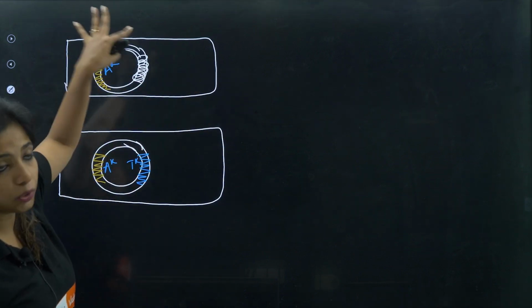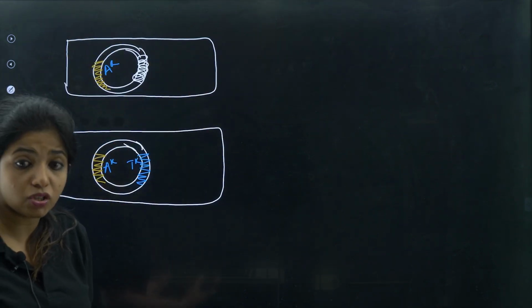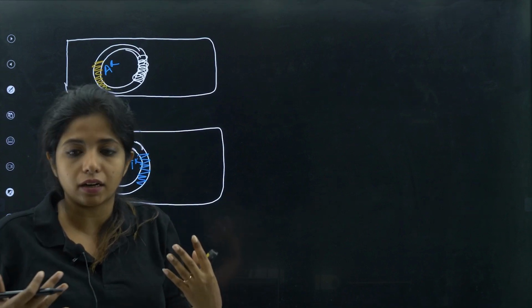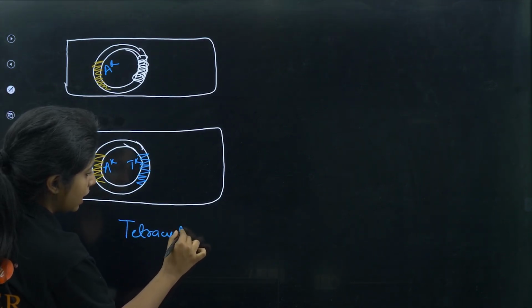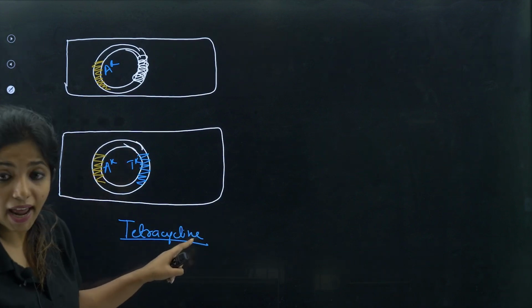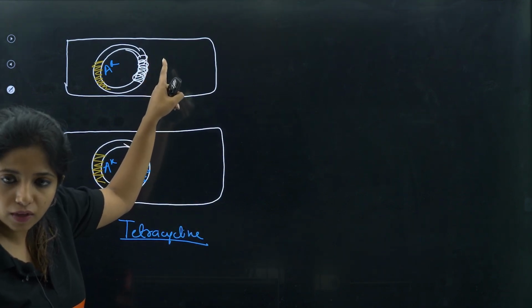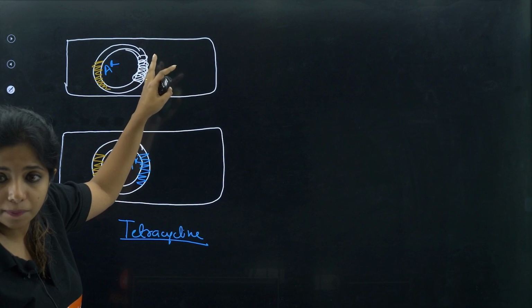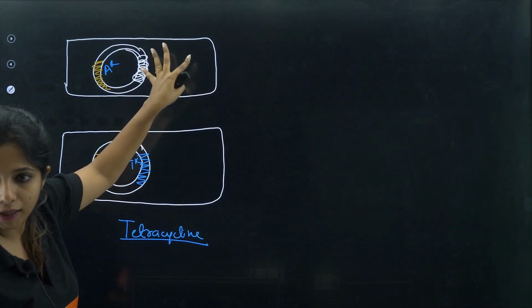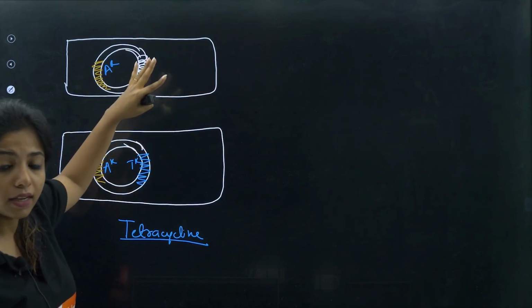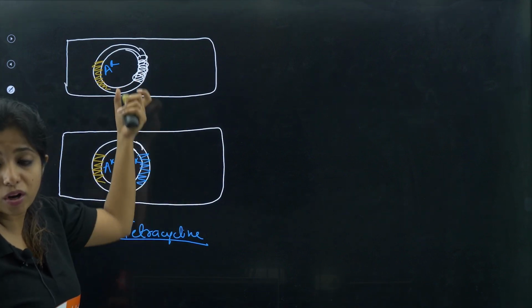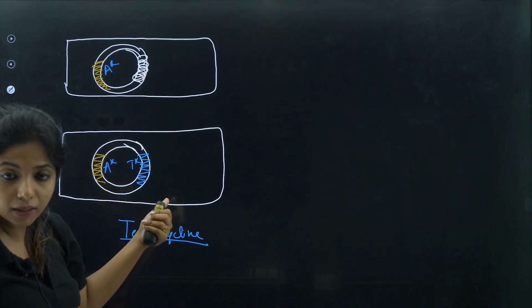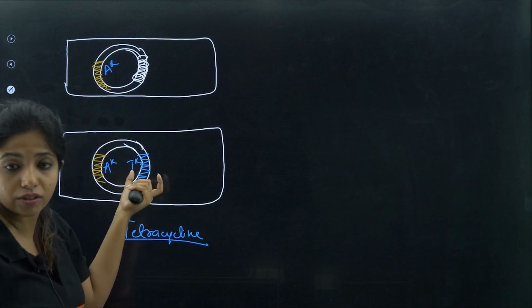Now if I want to test which one has the gene of interest and I treat both of them with tetracycline, then the one that has the gene of interest would not be able to survive because there is no resistant gene for tetracycline. I just want to know which one has the gene of interest. That's the concern that I am having. So if I treat with tetracycline, this one won't be getting killed because it has the gene for resistance.